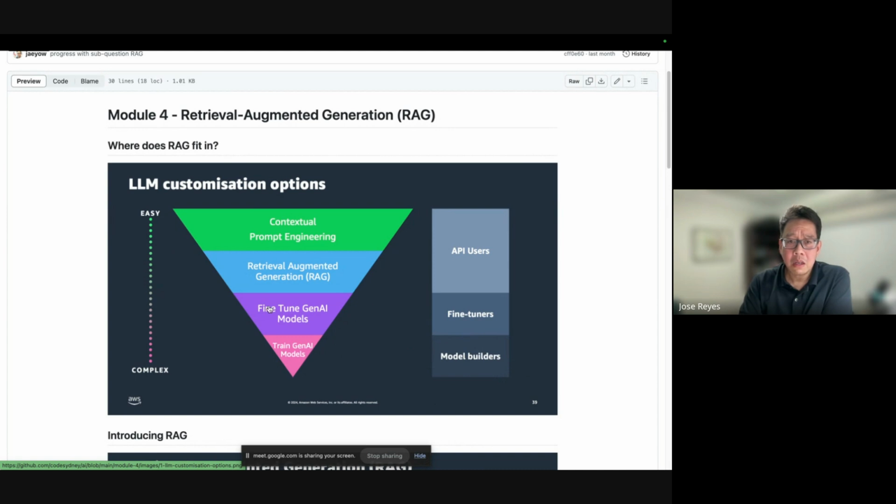Next one is fine-tuning GenAI models. Sometimes there are ways to improve your GenAI system. This is more possible for us, to fine-tune our GenAI models, because the companies that build and train the GenAI models generate what we call pre-trained models, right?